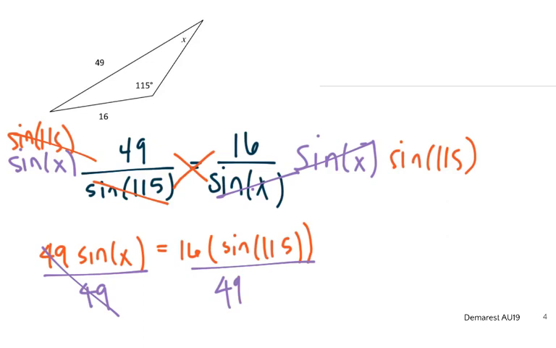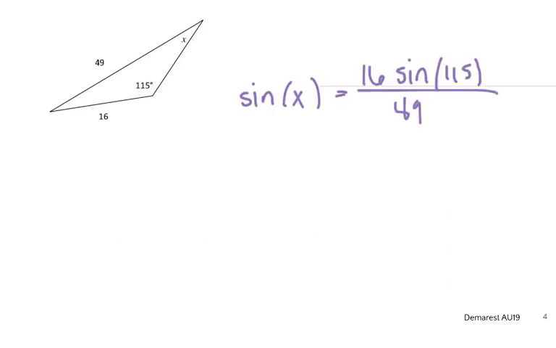Okay, so now we've got to get that angle out of the sine function. So now we've got to use an identity that you should hopefully remember a little bit from Algebra 2. It's the fact that if you take a function and compose it with the function's inverse, you're just left with the input.